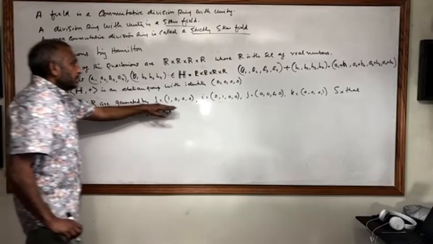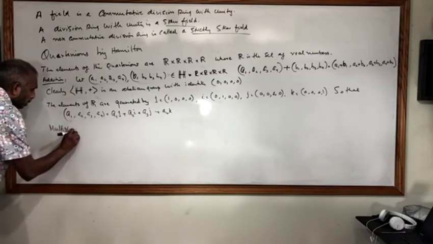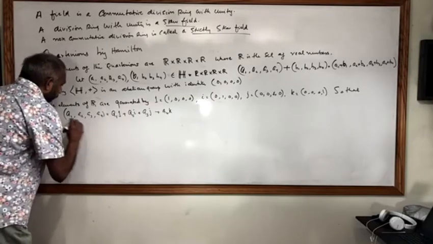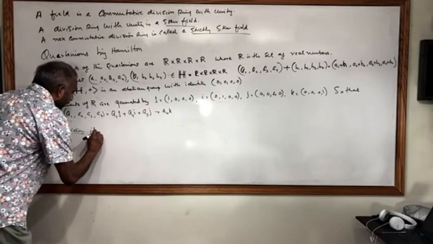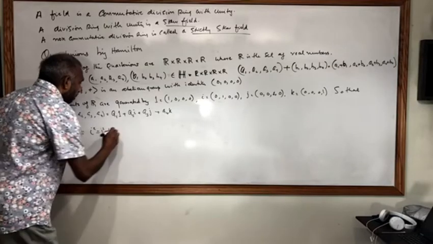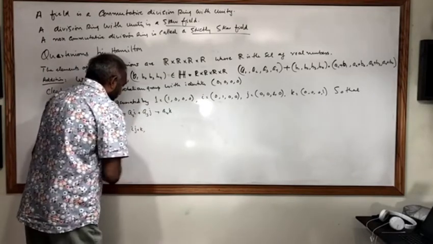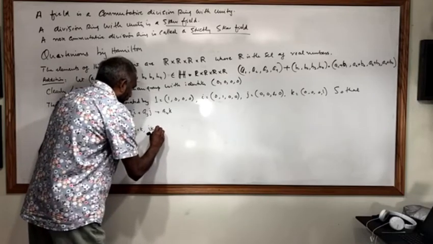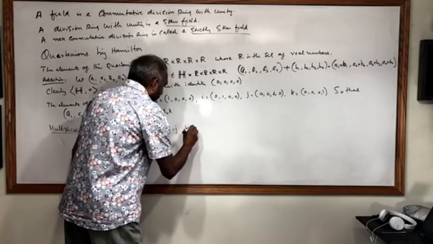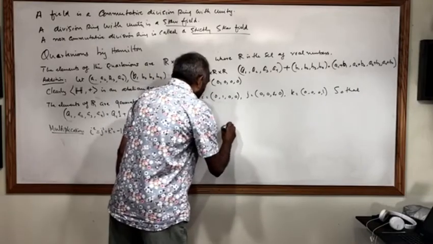With these three ideas in mind, the multiplication is defined like this. i squared is equal to j squared is equal to k squared is equal to minus 1. ij is equal to k. jk is equal to i. ki is equal to j. ji is equal to minus k. kj is equal to minus i. ik is equal to minus j.